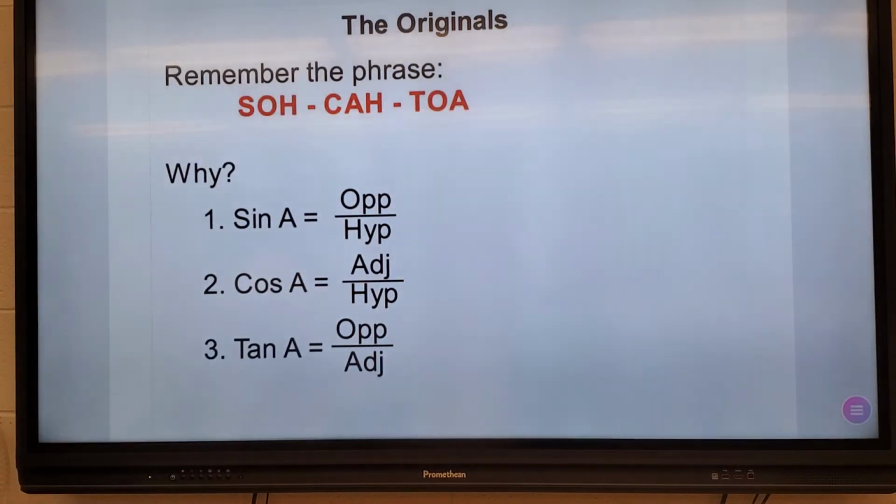for my ratio. Important things to note: make sure that next to sine, cosine, tangent, cosecant, secant, and cotangent, you have the capital letter of the angle that we are using. Okay, so again here I'm saying I'm using angle A, so that's why there is sine, capital A, cosine, capital A, tangent, capital A. Behind that uppercase A, you need to make sure that you have an equal sign.